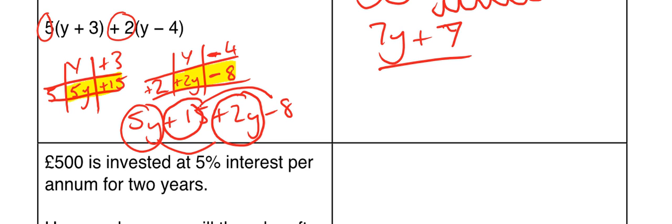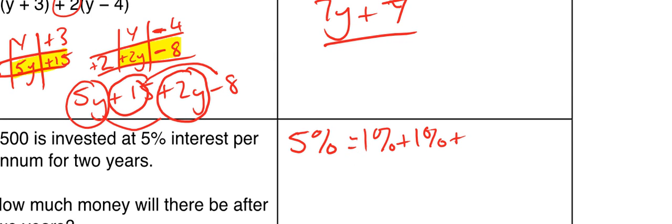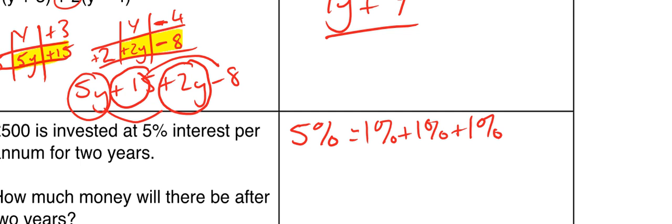So, £500 is with 5% interest per annum for 2 years. So we need to work out what 5% is. So 5% equals 1% plus 1% plus 1% plus 1% plus 1%.